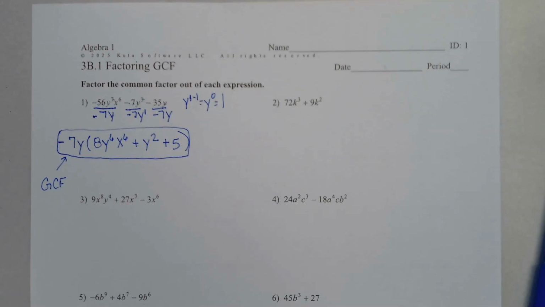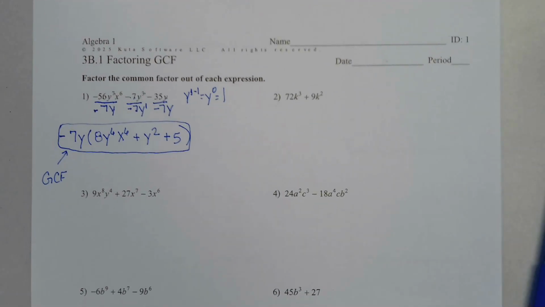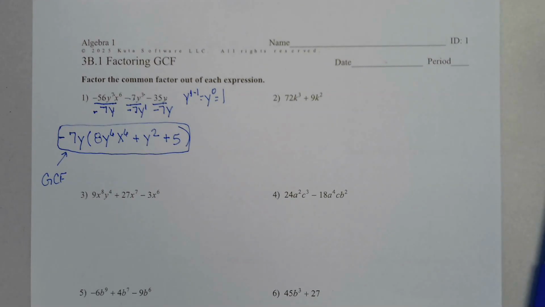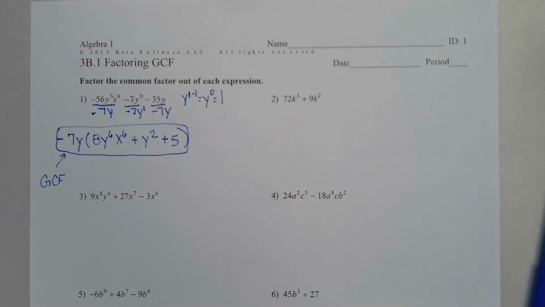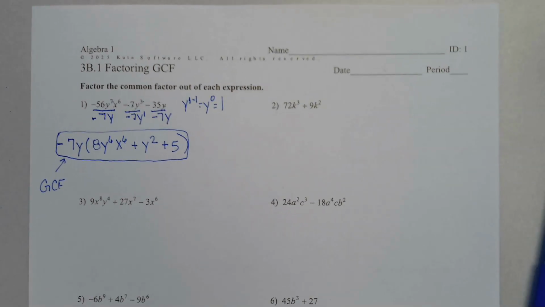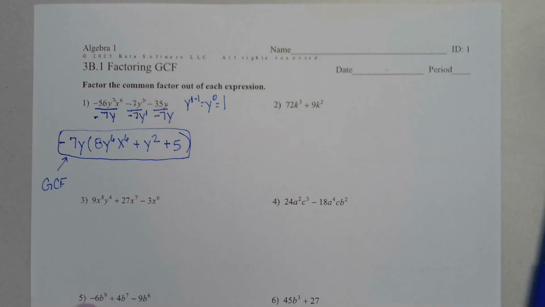All right, I'm going to skip down and look at number 5. I'm looking at these terms and finding my smallest value, which is a 4. My factors of 4 are 4 and 2. 6 is divisible by 2, but 9 is not.